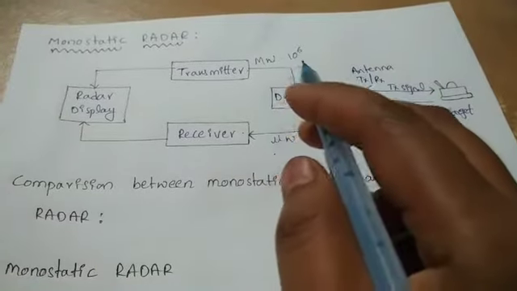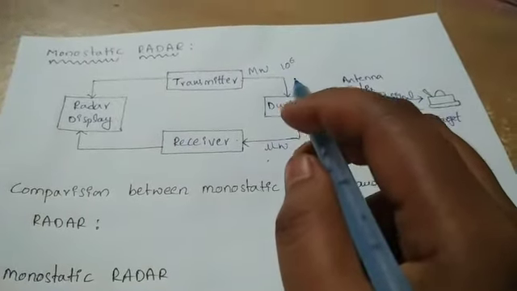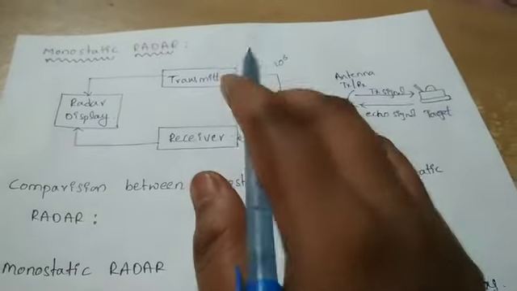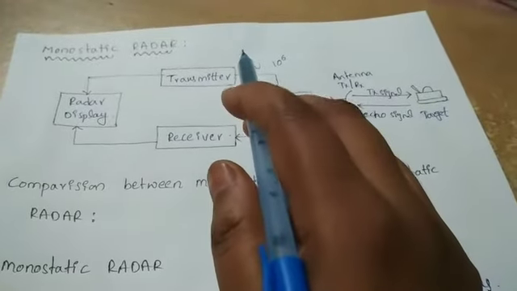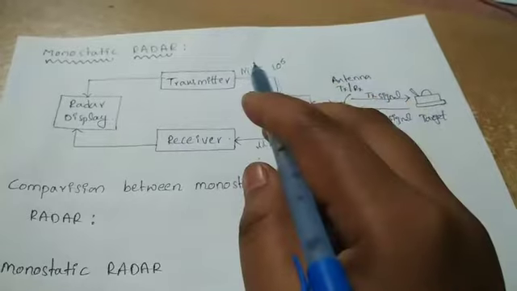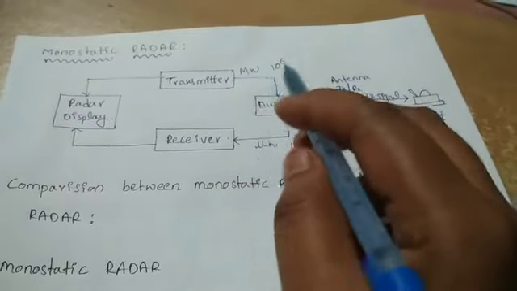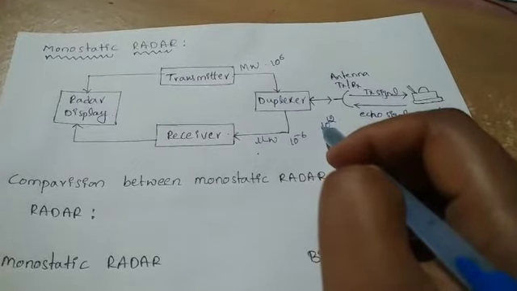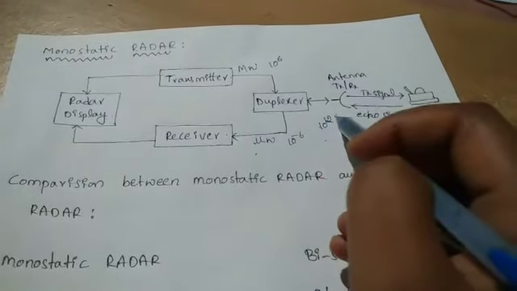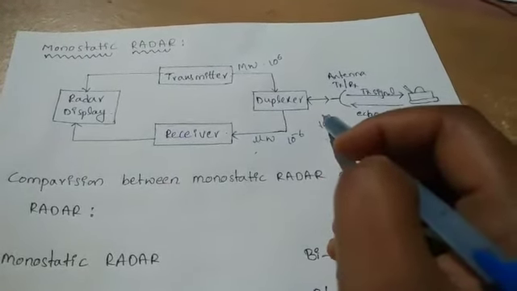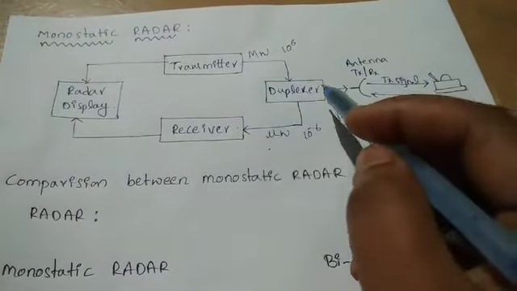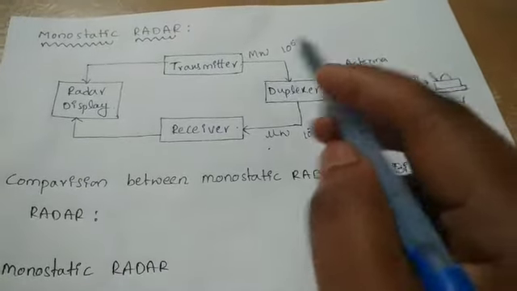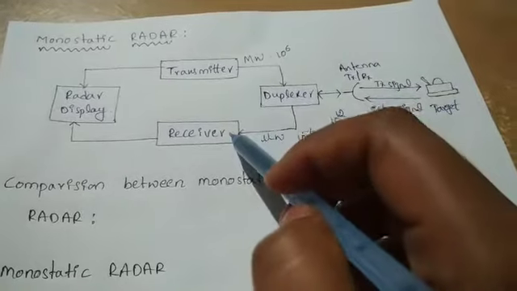So it is very compulsory to protect the receiver circuit from the high power transmitter, and we do that by having a duplexer. The first basic task of the duplexer is to isolate the transmitter and receiver circuits.